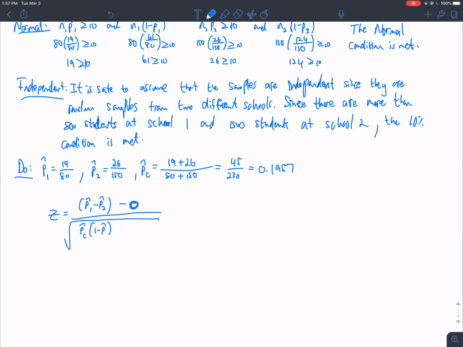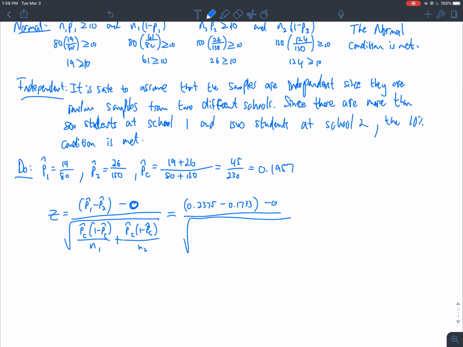So it's p hat sub C times 1 minus p hat sub C over n1 plus p hat sub C times 1 minus p hat sub C over n2. If you plug stuff in, we get 0.2375 minus 0.1733, those are those two proportions, minus 0 over, and then we just plug stuff in here.